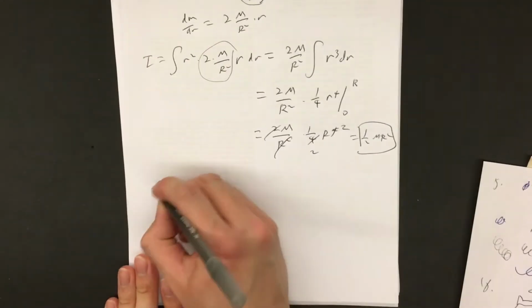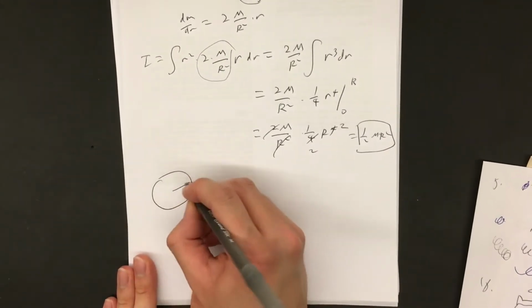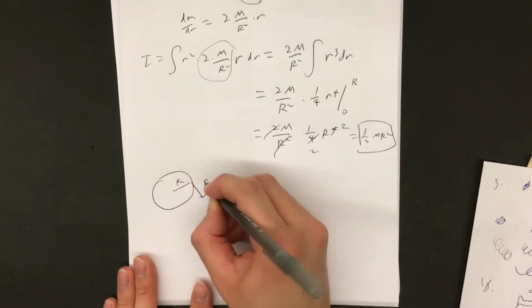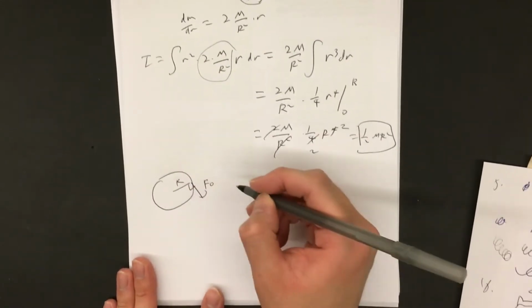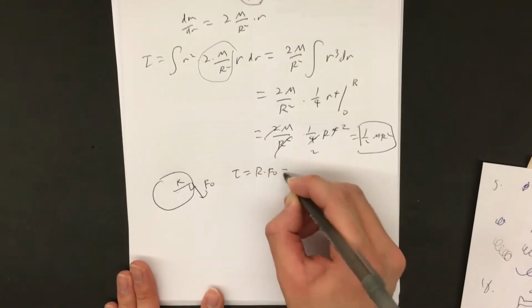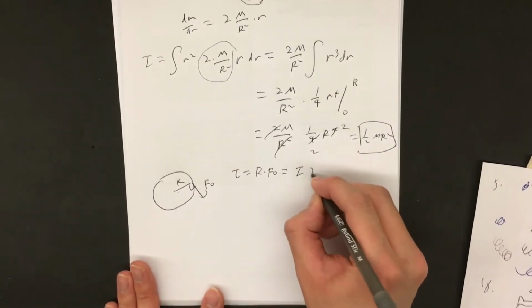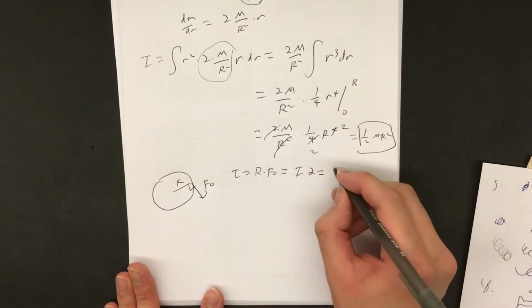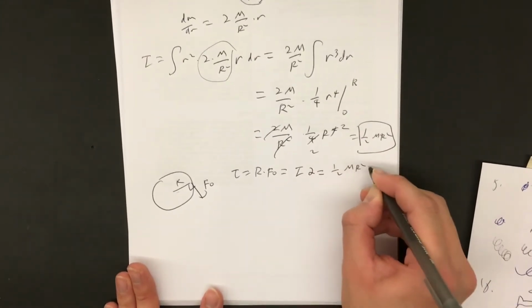Now, if there is a circular disk with radius R and a constant force F naught that is perpendicular to the radius, torque equals R times F naught, which is also equal to I times alpha. In this case, inertia equals 1/2 MR squared.